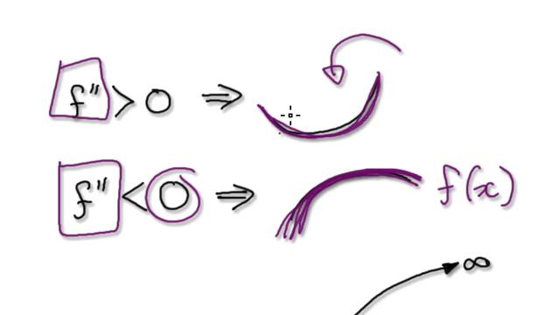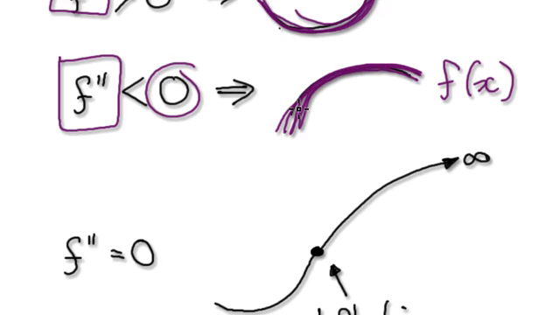If the second derivative is less than 0, you will have concave down, so your original function f of x will be concave down. If the second derivative is greater than 0, your original function will be concave up.